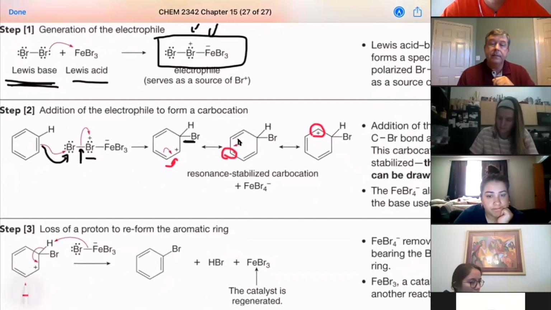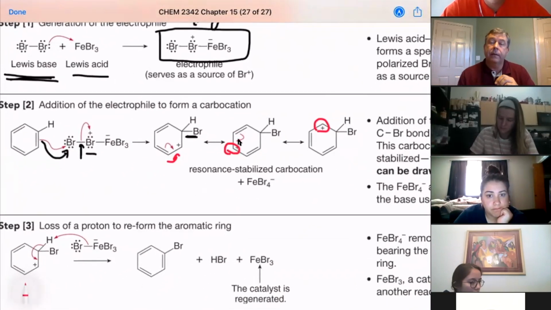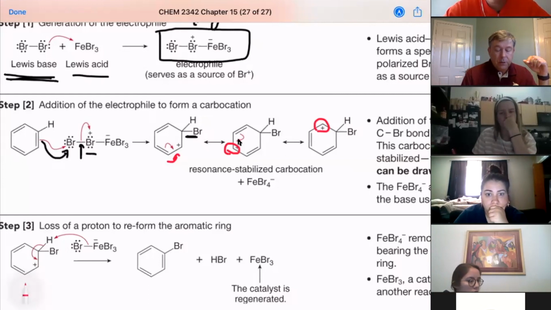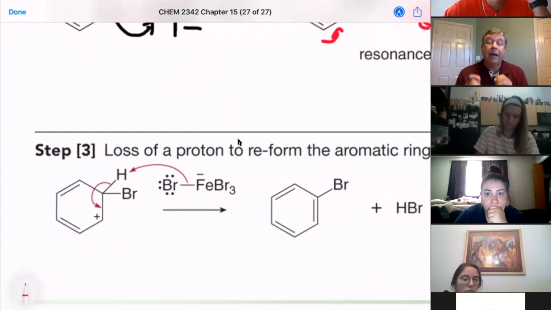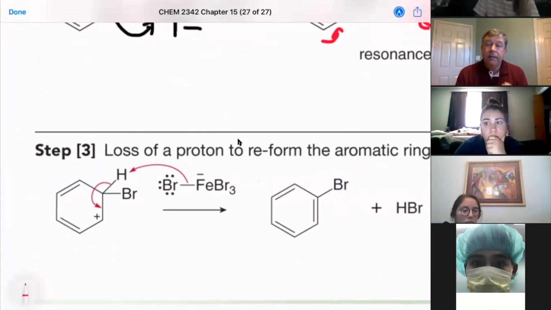Remember, because of this aromaticity, because of the delocalization, this hydrogen wants to leave and leave those electrons to re-aromatize the ring. So in the third step here, we have this FeBr4- complex having the electrons it can donate to the hydrogen. So it is our Lewis base, and it's reaching out and grabbing that hydrogen.